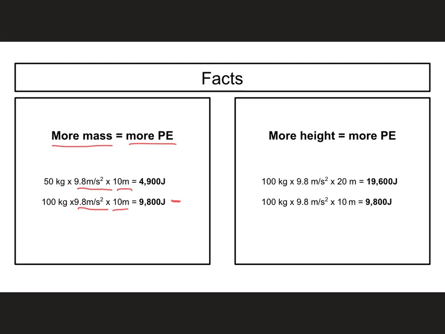Also, the more height you get, the more potential energy you get. Looking at our examples, the mass is the same, the gravity is the same, but if you change the height, you can see it dramatically increases just because it went up in height.